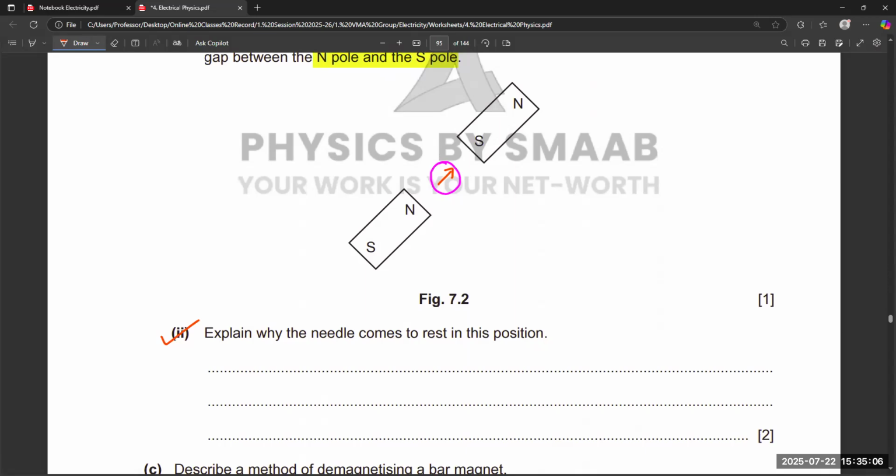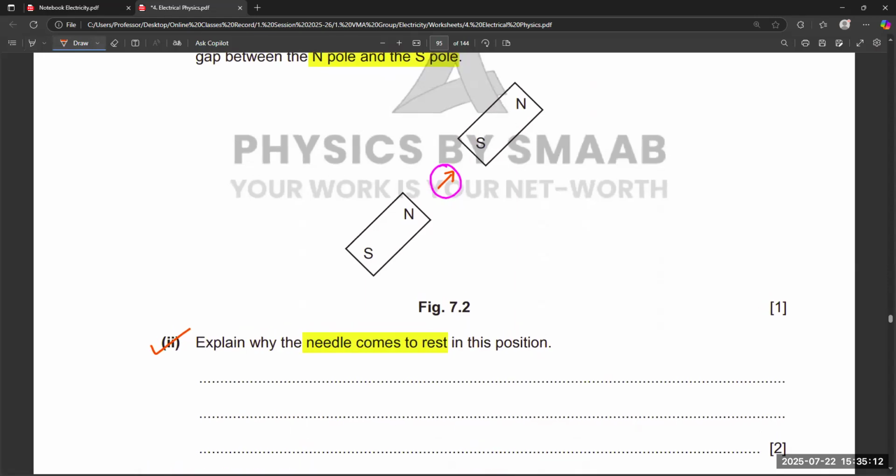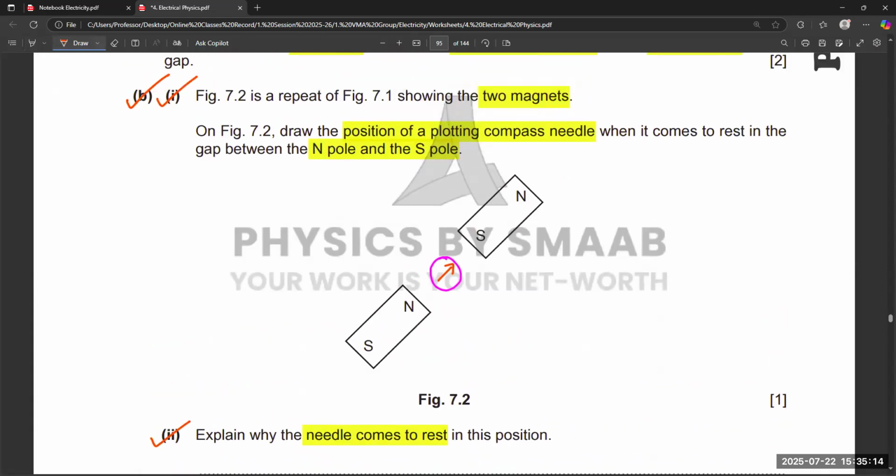The second part is: explain why the needle comes to rest in this position. What is the reason why the needle comes to rest in this diagram or in this field?